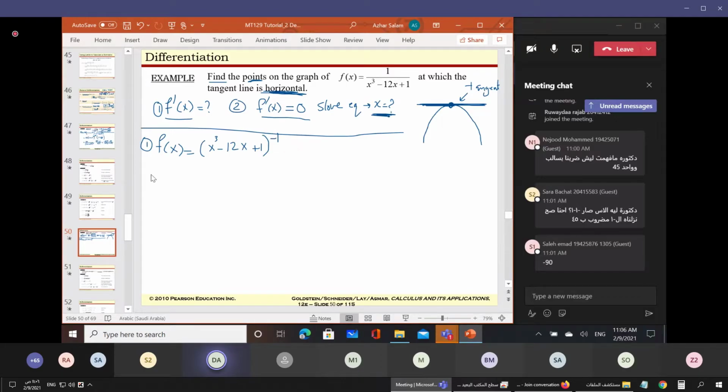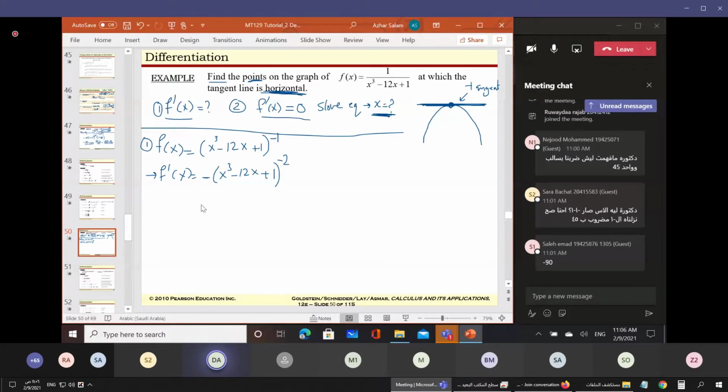So to find the derivative, f dash of x, I take this power down: minus x to the power 3 minus 12x plus 1, all to the power minus 2, which is minus 1 minus 1. This is always how to differentiate.